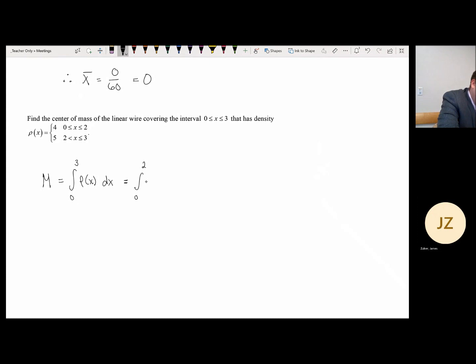Integral from 0 to 2 of 4, plus the integral from 2 to 3 of 5. And that's why I said at least each piece is constant, which makes it a bit easier. 4 times the length is 8, plus 5 times the length is 5. We have a total mass of 13.